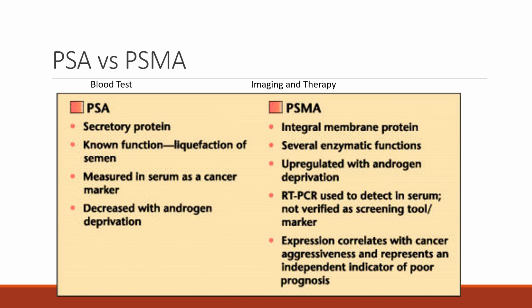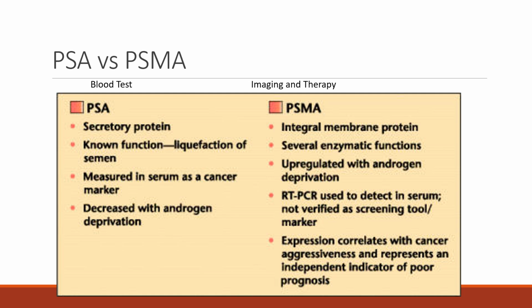So we tag PSMA to radiation, and when we inject it into the patient, we see all the places PSMA goes. And so we can see the cancer cells, we can see the metastases, but only as long as the cells are overexpressing it.